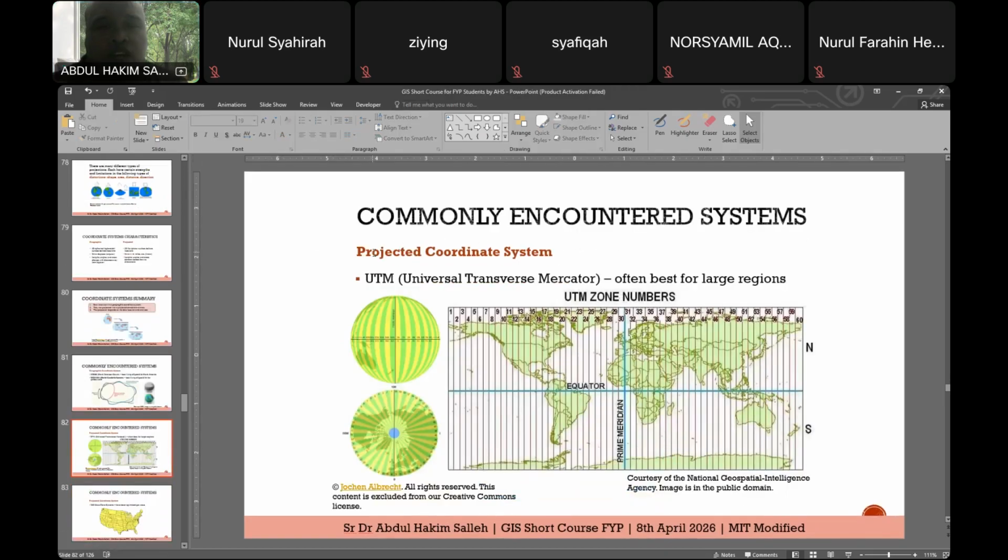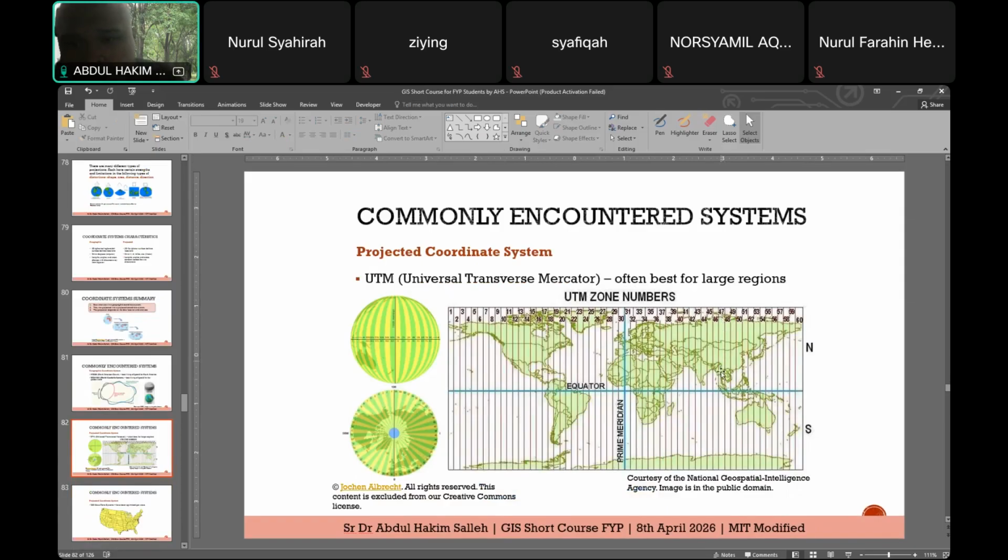The projected coordinate system here can also be explained in terms of zone numbers. For Malaysia, it is 47 north for Peninsular Malaysia, and 48 north for Sabah and Sarawak. Let's take a look. 47.